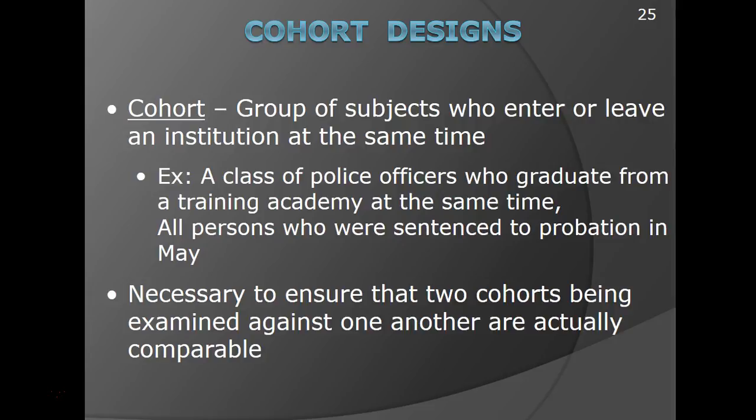They are quasi-experimental because they are placed. You're choosing a certain type of subject. And even if you're examining two cohorts, you again want to make sure that those that are examined against each other are as comparable as you can.